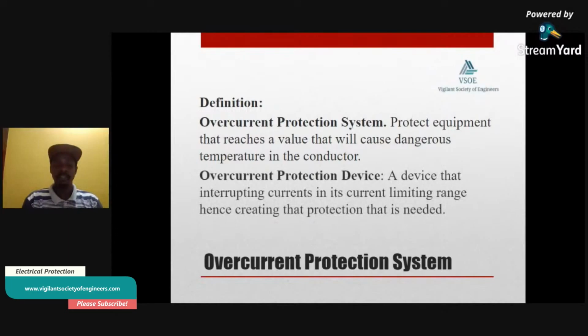An overcurrent protection device is a device that interrupts current in its current-limited range, creating that protection that is needed. Figure 1 illustrates what this device is.